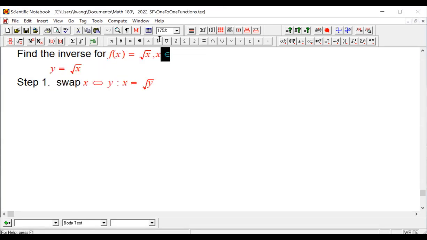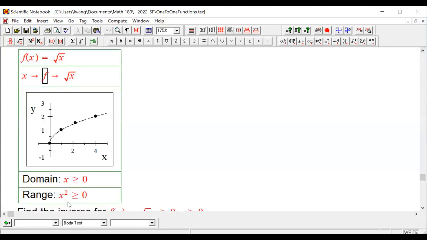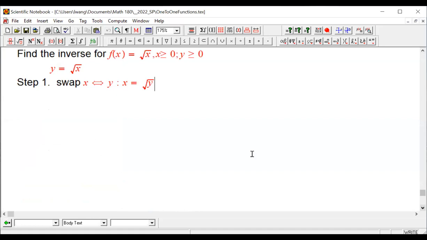I can say x is greater than or equal to 0. How about y? y is greater than or equal to 0, right? That's the domain and range.